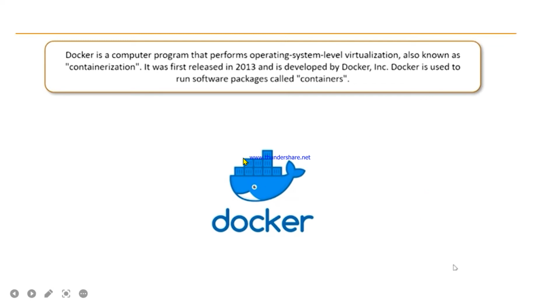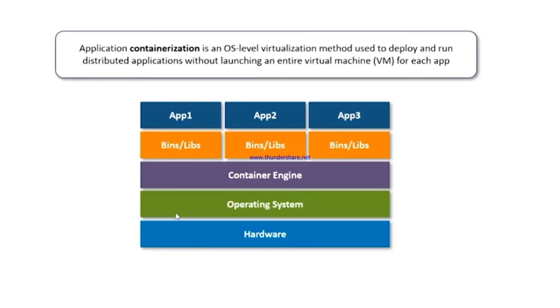Every operating system should maintain different types of containers. Inside every containerization you can see these stages: hardware, operating system and container engine. On every container engine, different types of apps are maintained, like bin and lib files.